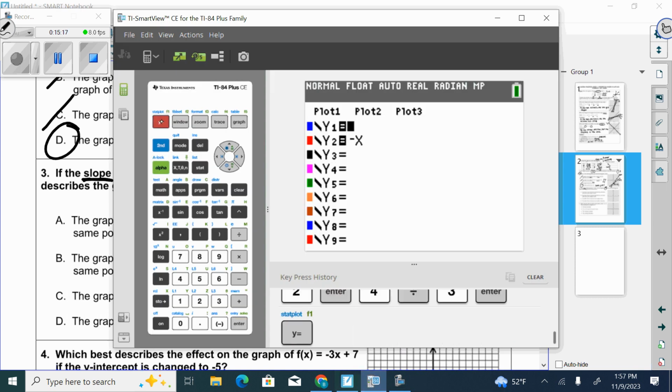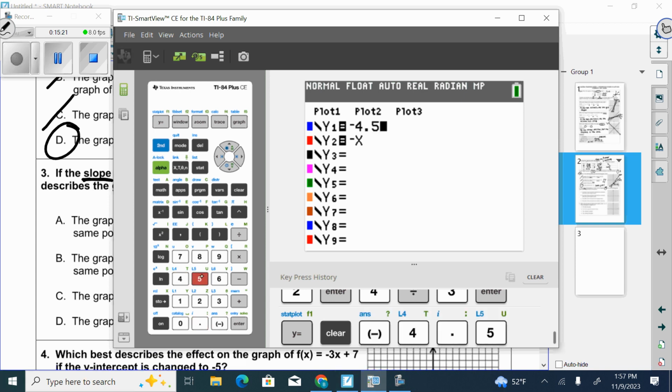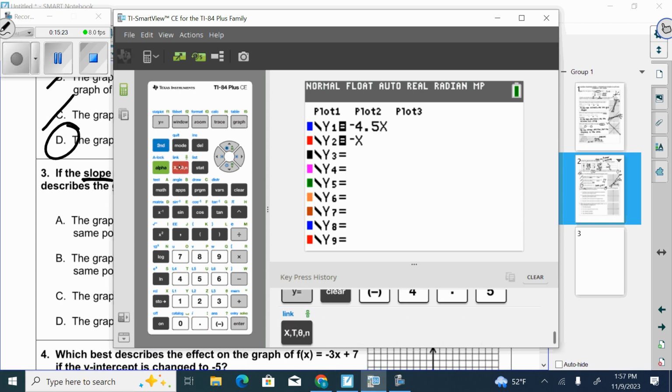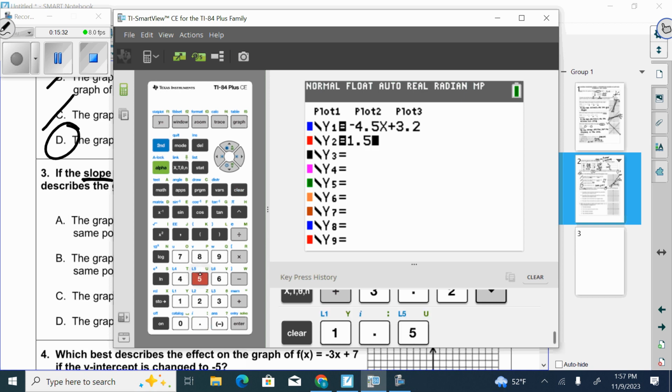So the original function, they said, was negative 4.5x plus 3.2. And they said the new equation is going to have its slope changed to 1.5x, but not change the y-intercept, so it still stays as 3.2.